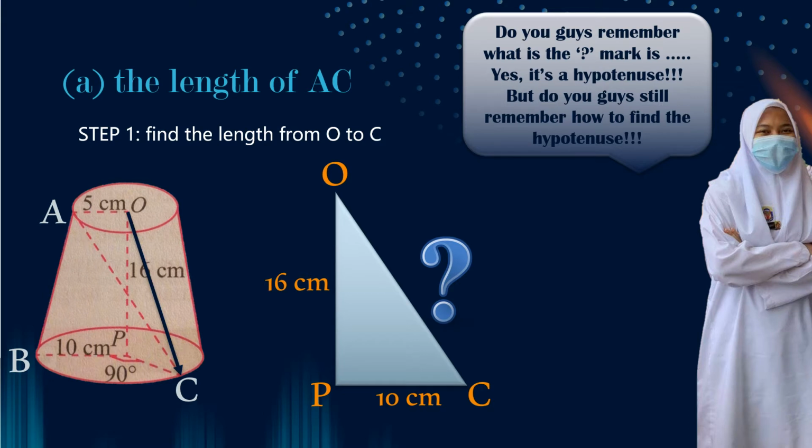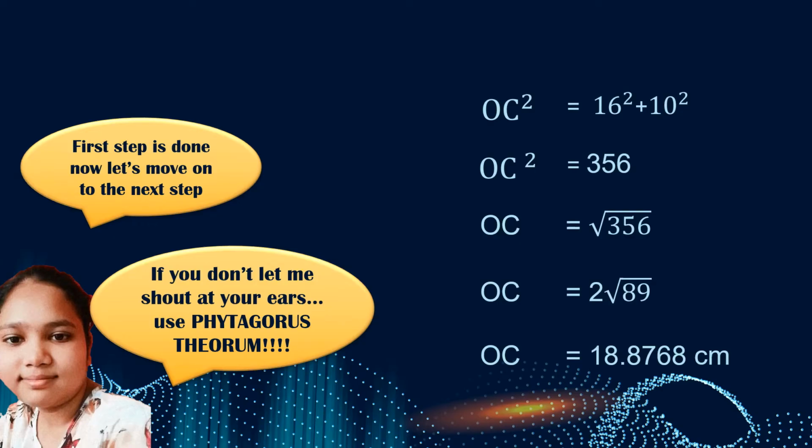Do you guys still remember what the question mark is? Yes, it's a hypotenuse. But do you guys still remember how to find the hypotenuse? First, we must find the length of OC in order to get the length of AC. We must use Pythagoras' theorem, as you can see in the diagram beside.